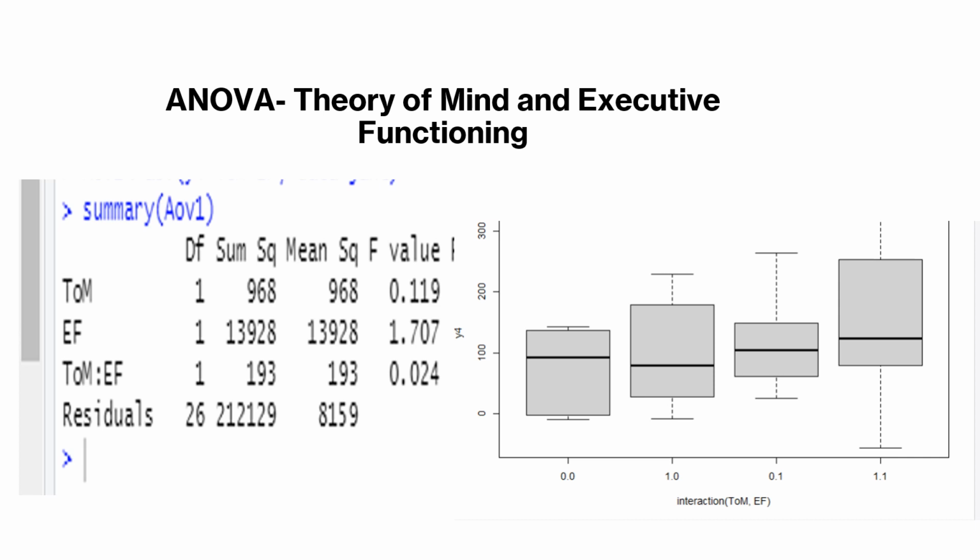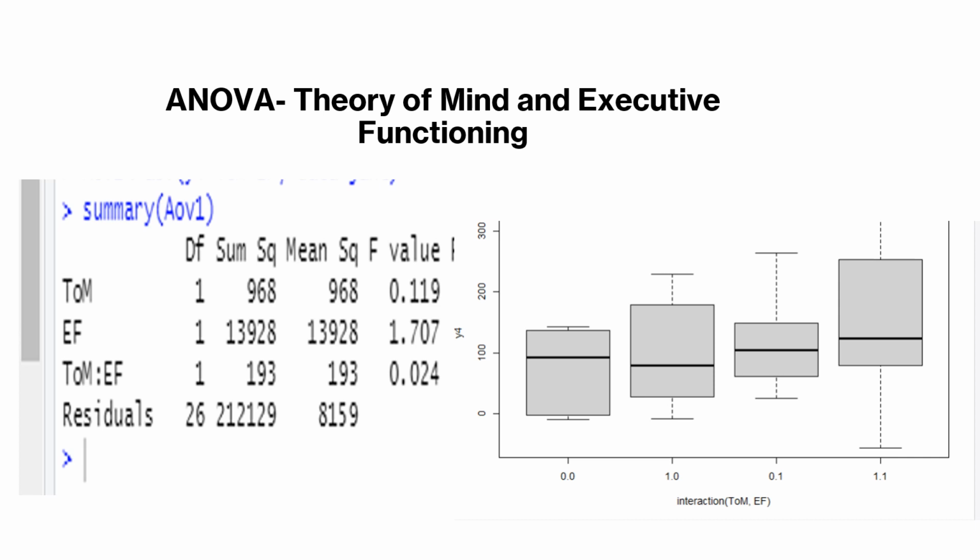The box plot on the right also shows that the median values are all around the same for the different groups. The first one is for those who do not have theory of mind, compared to the second one, which is those who do have theory of mind.